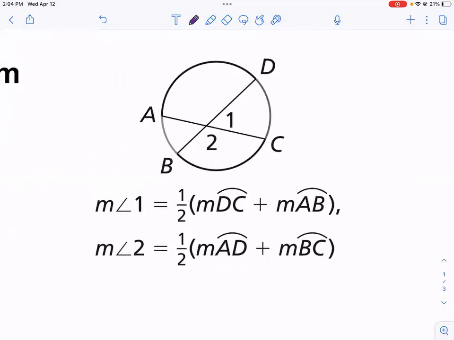Here's angle 1 right here. Do you see it? There is an intercepted arc right here, and if we look at its vertical angle, what's happening is we're going to add these two arcs together and then cut it in half. So it's 1/2 of this arc plus this arc.